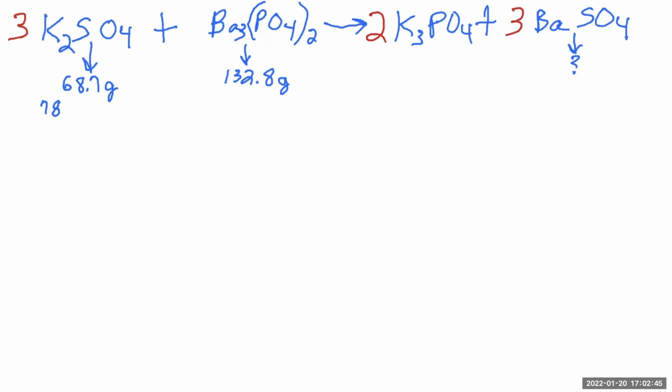So the molecular weight of potassium sulfate. Potassium is 39, and there are 2 of them, so that's 78. How many sulfurs? There is 1. And what is the sulfur weight? That's 1, we're only doing the compound, not the balanced equation yet.